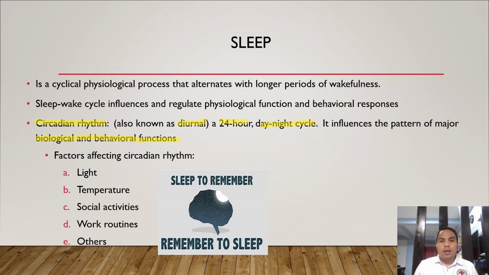The suprachiasmatic nucleus nerve cells in the hypothalamus control the rhythm of our sleep-wake cycles and coordinate this cycle with other circadian rhythms. These are the factors affecting our circadian rhythm: the light, the temperature, the social activities, the work routines, and many more.